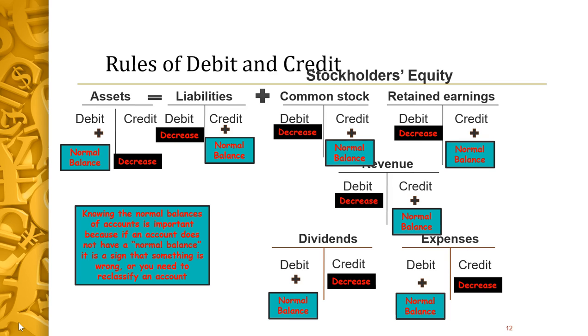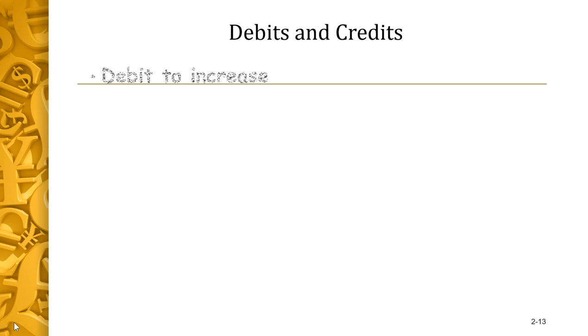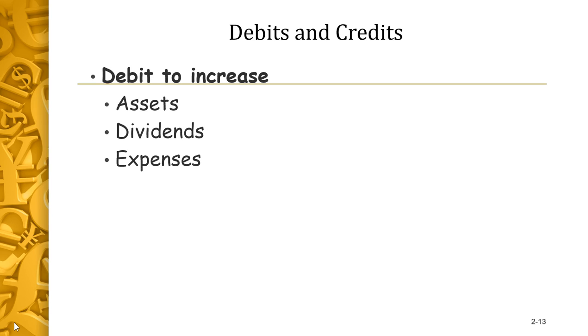A good example would be accounts receivable, which means people owe you money. If you end up with a credit balance in an account, what that means is someone has overpaid you, which means now it would become a liability. Debits and credits. You debit to increase assets, dividends, and expenses.